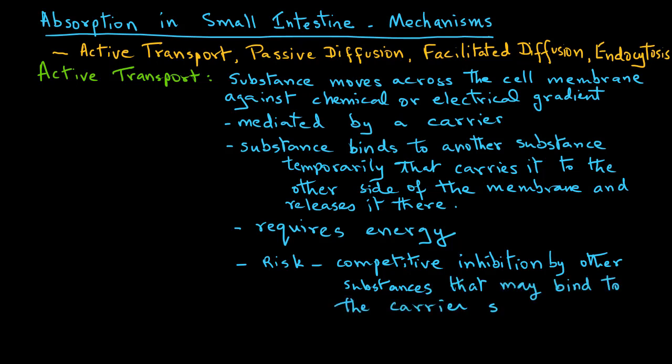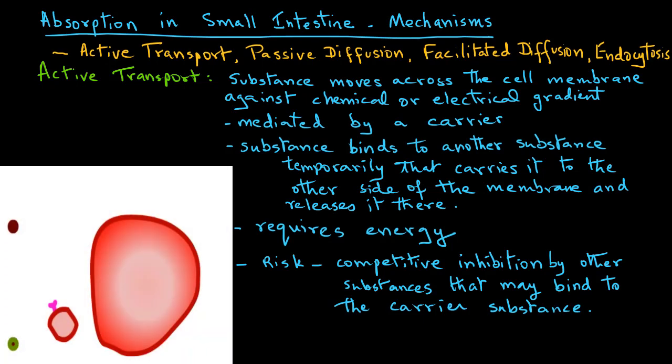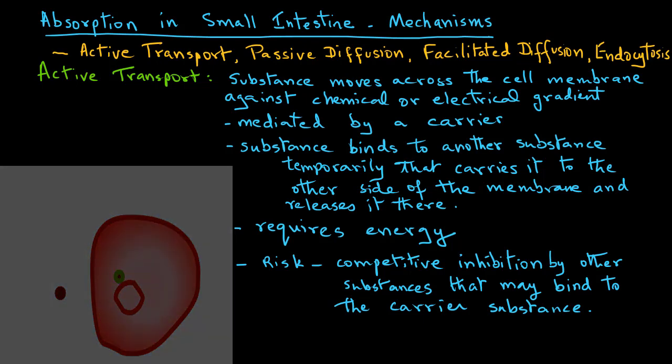As a result, the binding site may not be available for the substance to latch on to the carrier. And we can see that here in the second animation, where the binding site is taken up by another substance and therefore not available for the original substance to bind and transfer with the carrier into the cell.